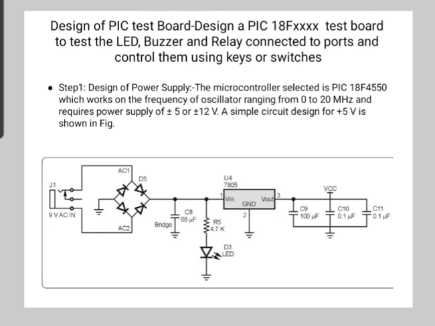So first we will see what is a relay and what is a buzzer. Relay means what? In some electronic appliances, we need to switch or control high voltages or high currents.